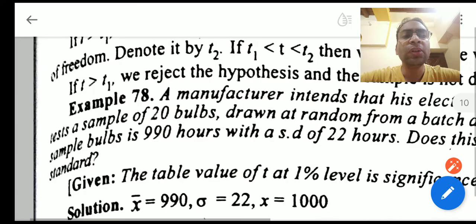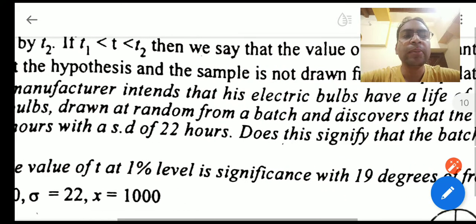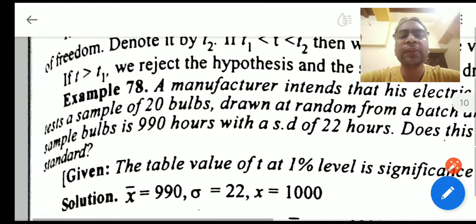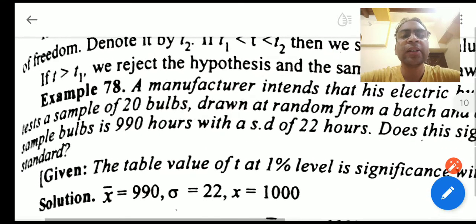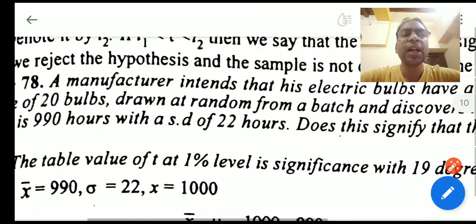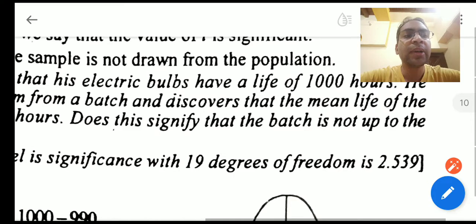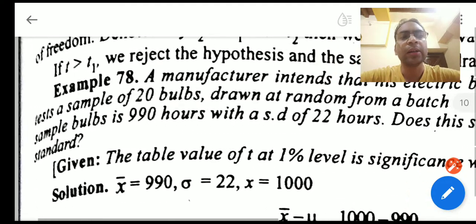He tests a sample of 20 bulbs drawn at random from a batch and discovers that the mean life of the sample bulbs is 990 hours with a standard deviation of 22 hours. Does this signify that the batch is not up to the standard?